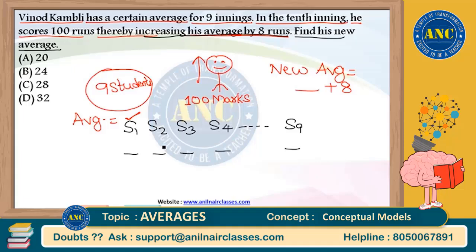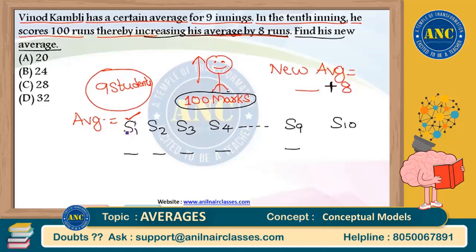Because this new student, the 10th student, is joining, who is getting 100 marks inside the class, the average increases by 8 marks. The meaning of average increases by 8 marks is that all the 10 people will increase by 8 marks.